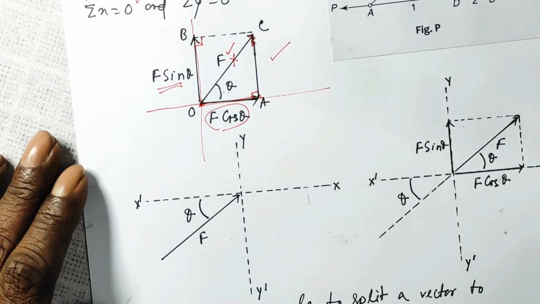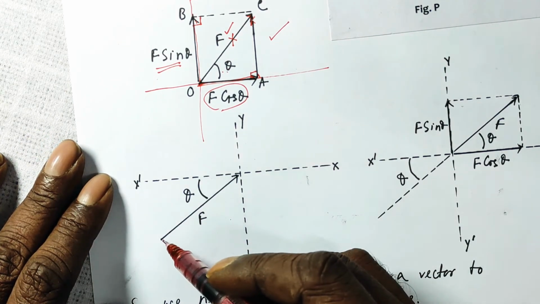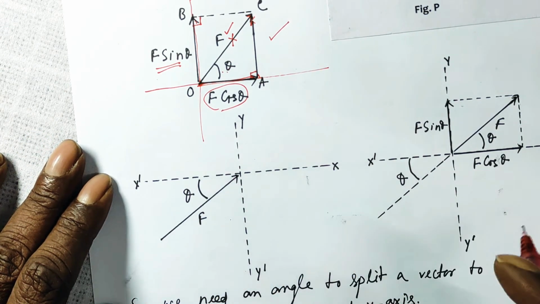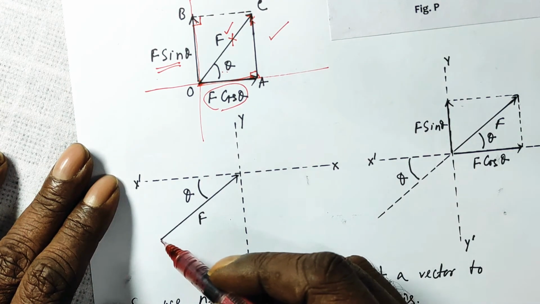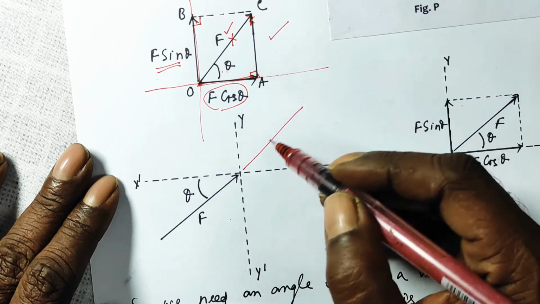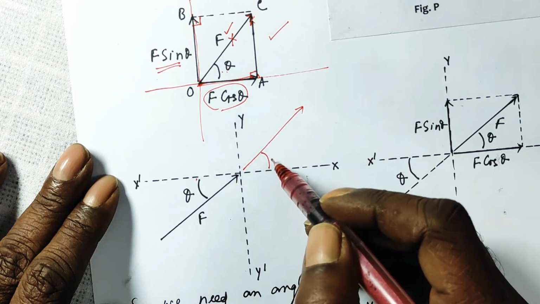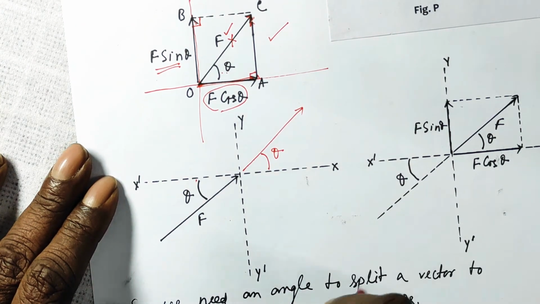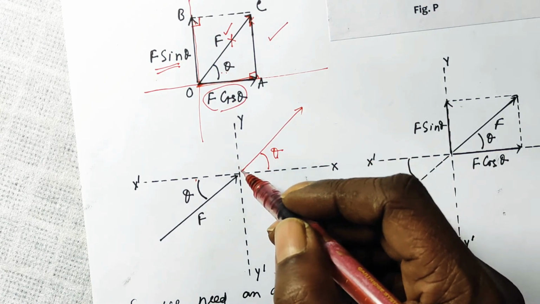But in certain situations, as we discussed in previous problems, you come across a force like this. So what you have to do is translate this force to this side. Then this theta becomes equal to theta here, which is convenient, to take the angle theta at the origin of the vector.